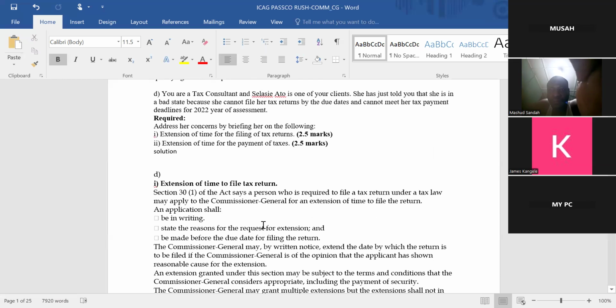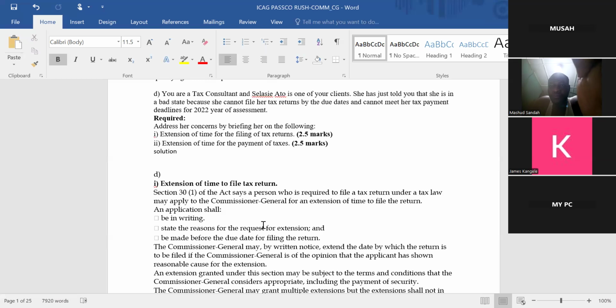There's also another question where the examiner was saying, I asked students that you are a tax consultant and Assistant Atu is one of your clients.